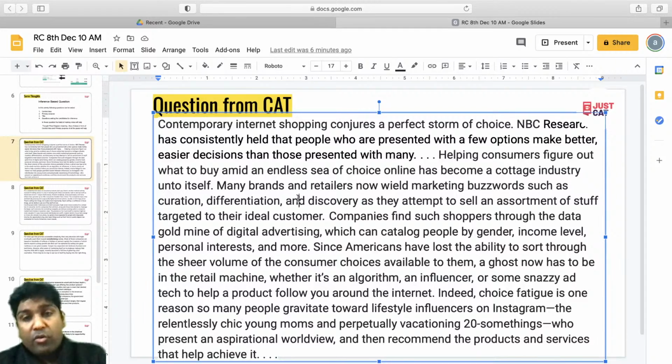There are a lot of methods by which people who like certain kinds of products can be found, and they can be influenced to buy a certain kind of product by various means. There are programs, there are ad tech, and there are people also, so all these things can be used, they can be nudged to buy, the term used by economists, to buy certain products and services.